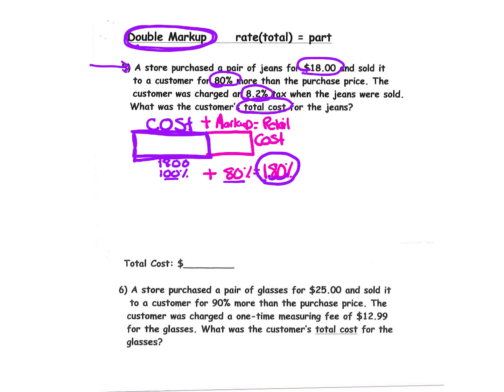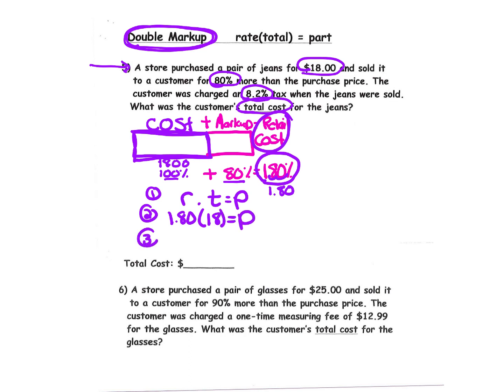We will use the rate of 1.80 in our formula to calculate the retail price the customer pays. Pause the video if you need some time, but let's jot down our formula. R times T equals P. We know we're going to pay 1.80 times $18.